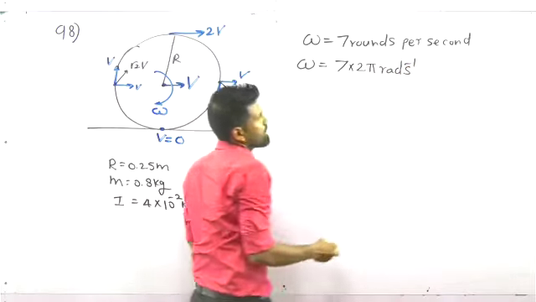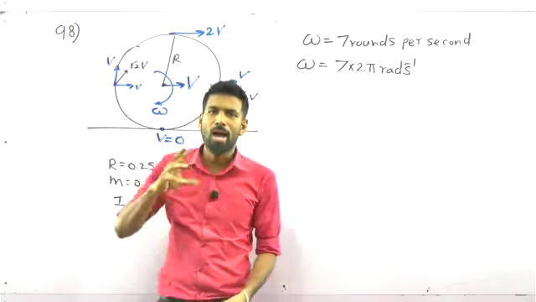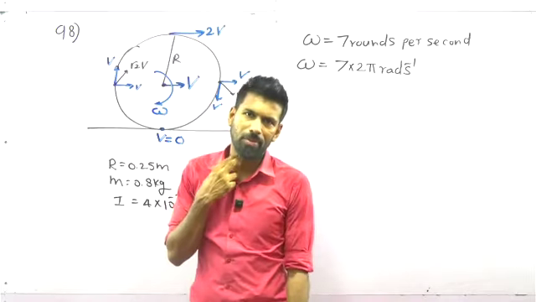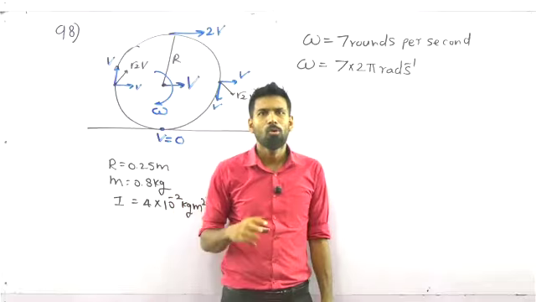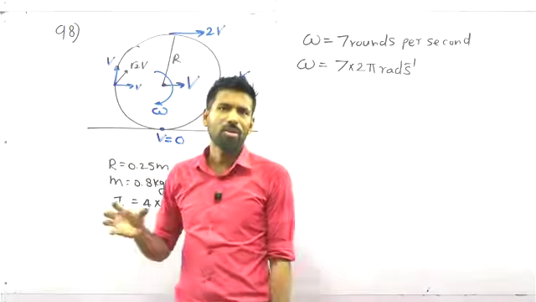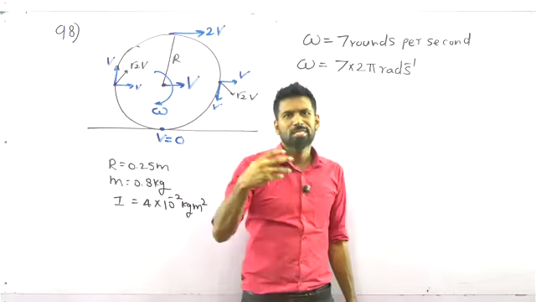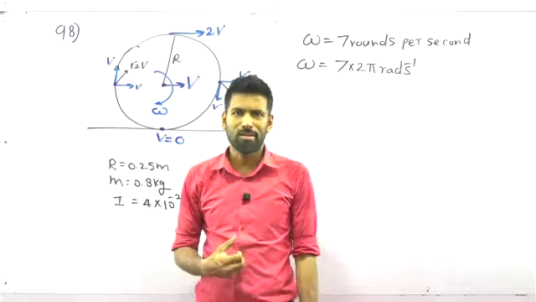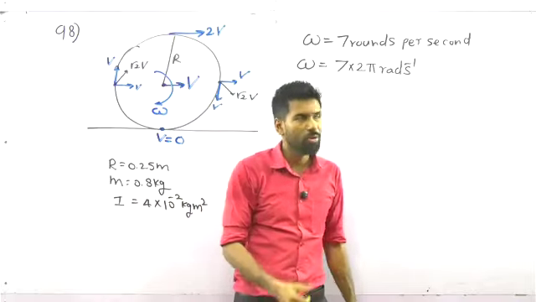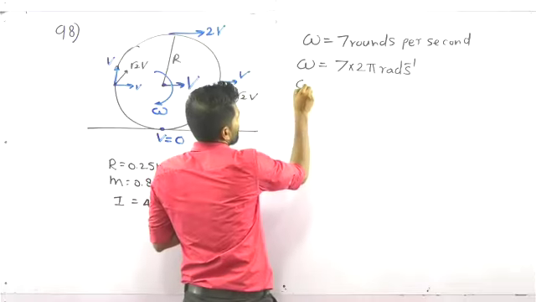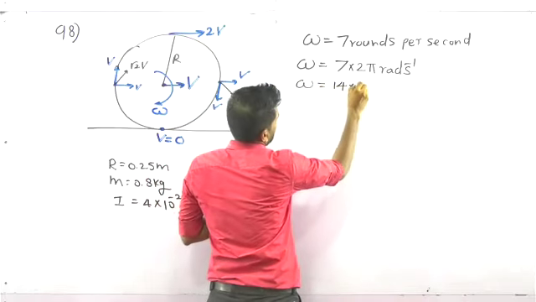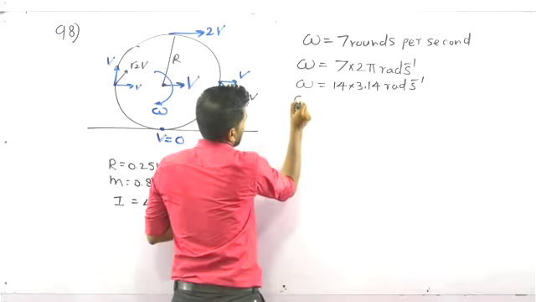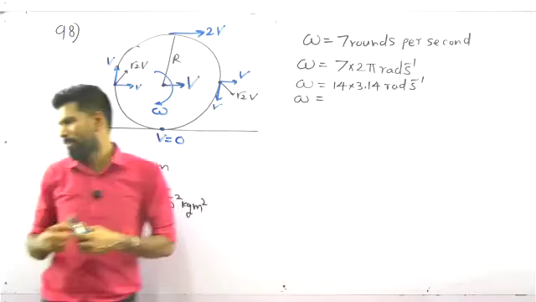We have done this earlier, the unit conversions, how RPM and RPS convert into radians per second, in the beginning parts. It's rotating 7 revolutions per second, around 2 pi radians each. So the angular velocity is equal to 14 into 3.14 radians per second. What's the value? 14 into 3.14.